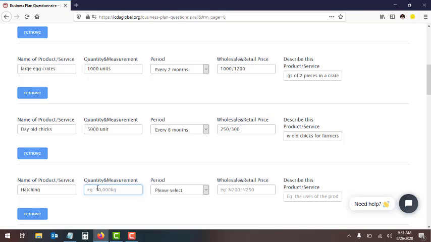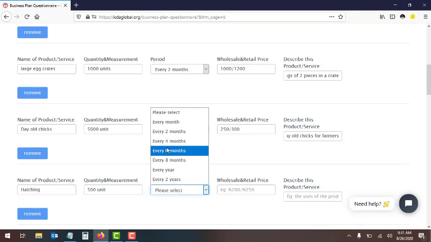So the quantity you produce is how many hatchings do you do in a period? You are running maybe 500, and the unit of measurement is just units.